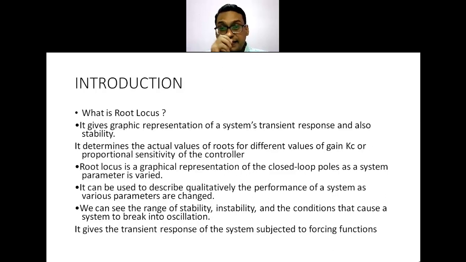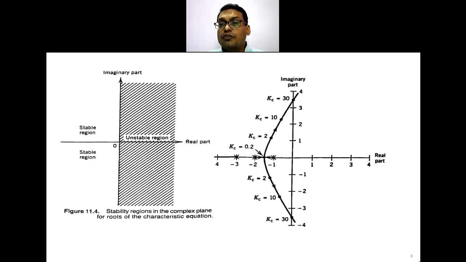It determines the actual values of the roots for different values of the gain Kc. What will be the value for different values of Kc? So this path is nothing but the actual values that we plot.